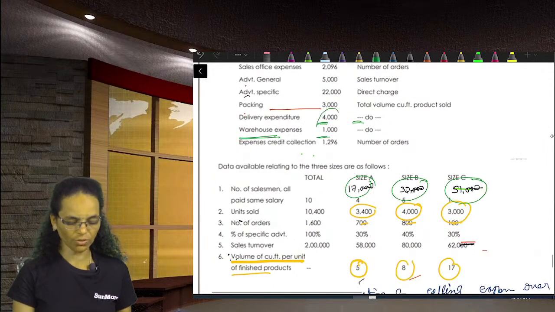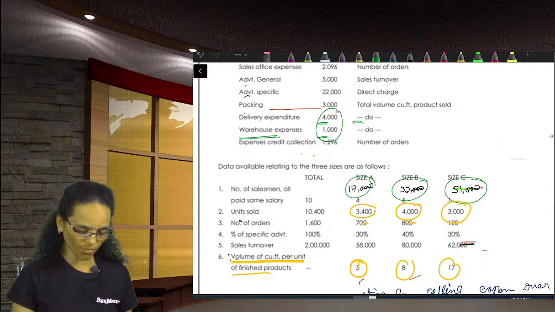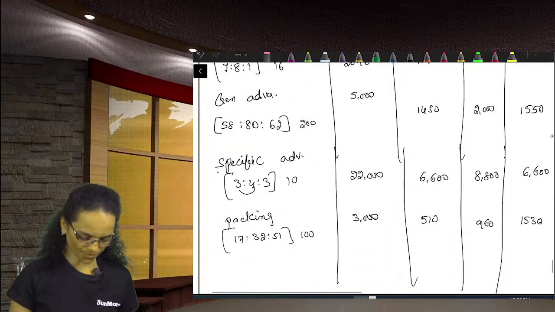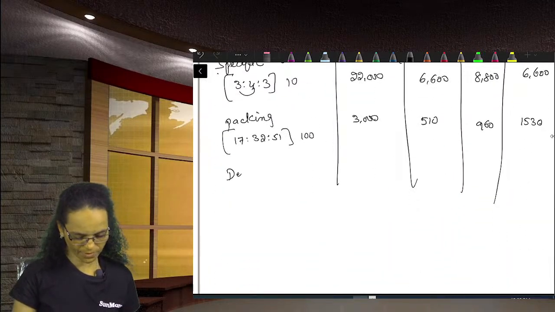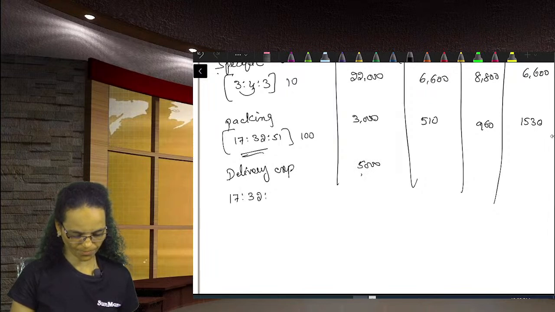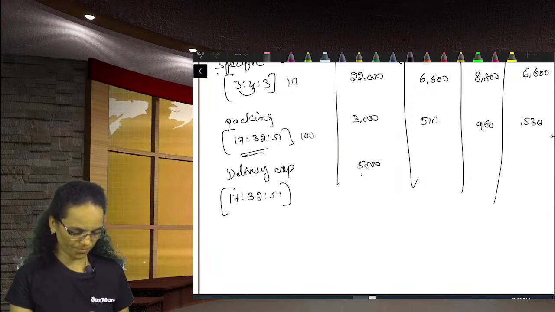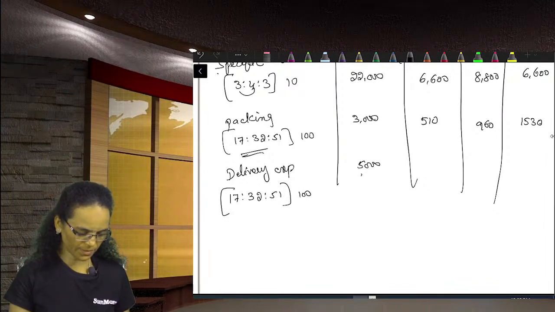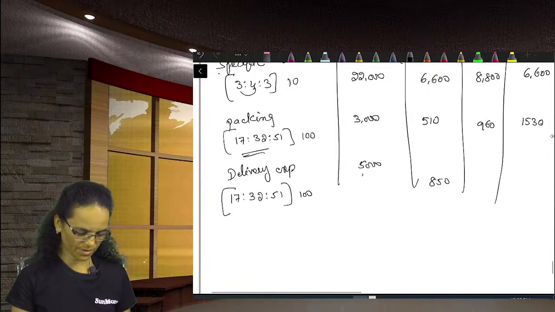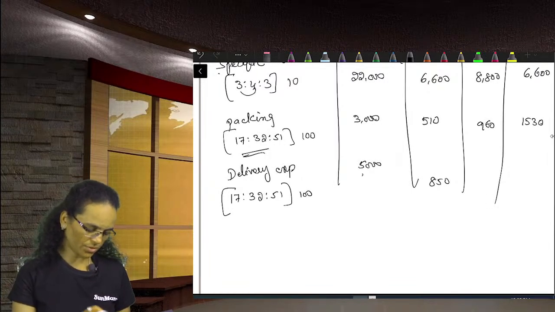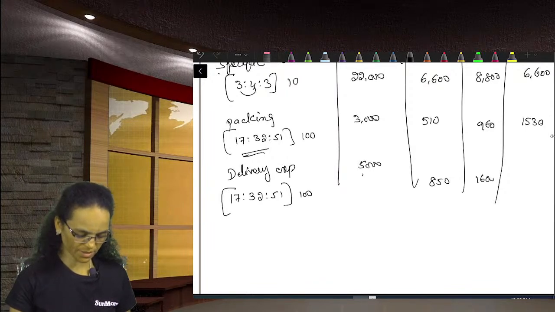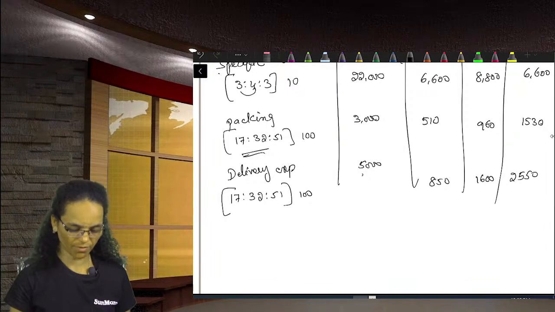So total together we will write in one column, 5,000 in this ratio. 17 divided by 100 into 5,000 is 850, divided by 17 into 32 is 1600, divided by 32 into 51 is 2,550.